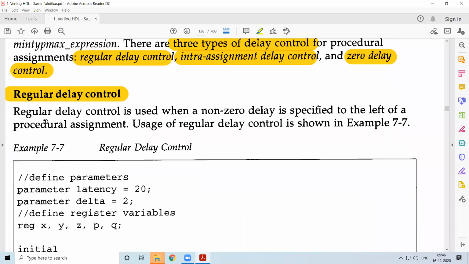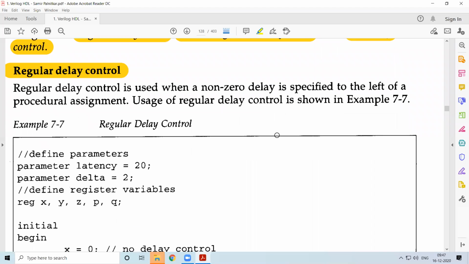First, regular delay control. In regular delay control, we specify a non-zero delay on the left hand side of the procedural assignment. This is your regular statements that you have used up to this point.